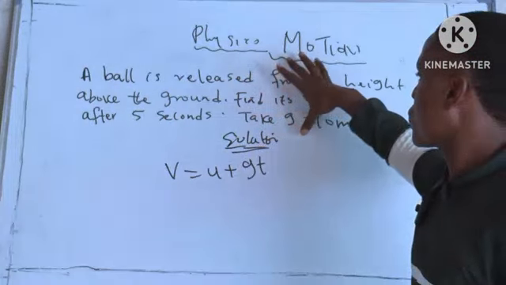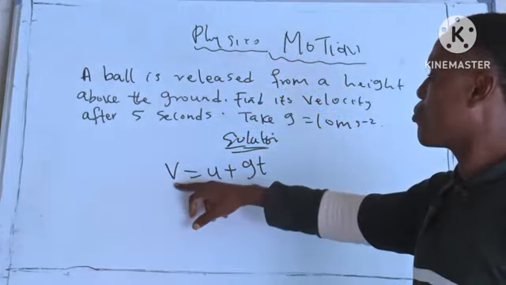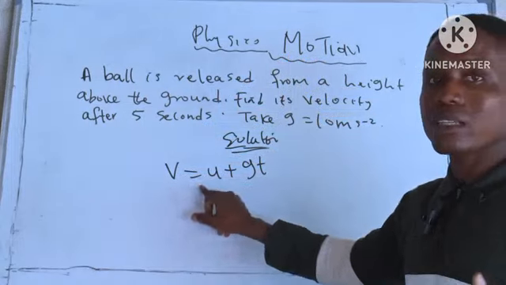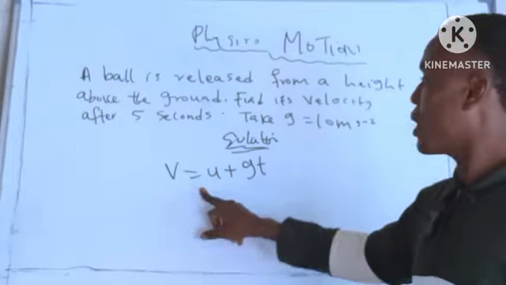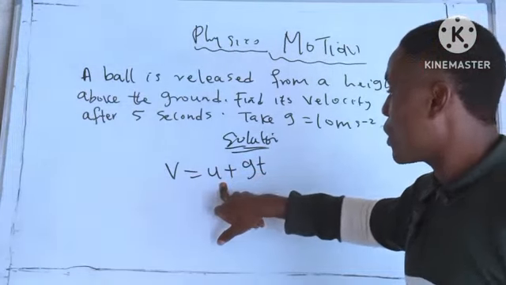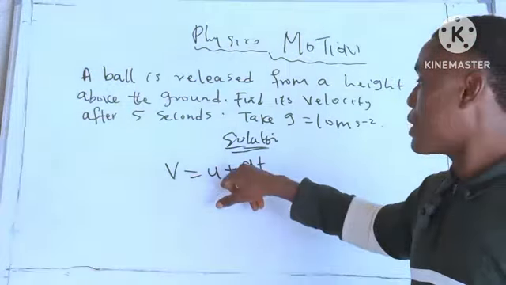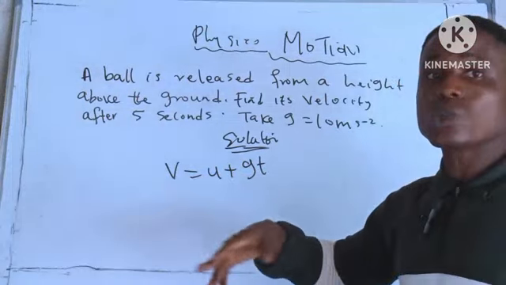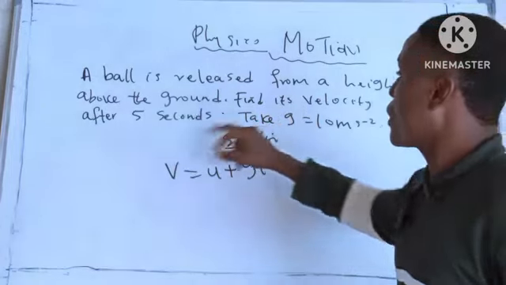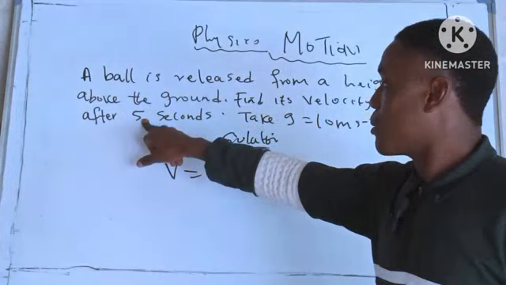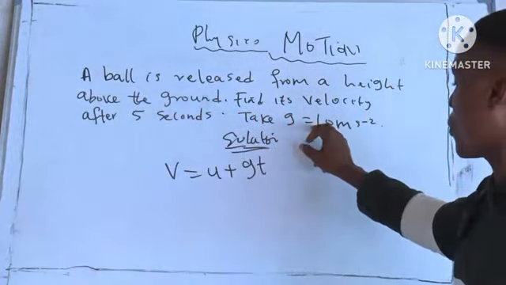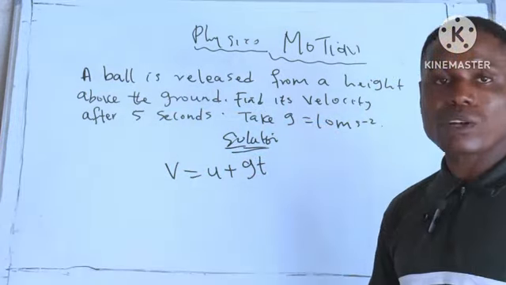If you take note, the values of both the final velocity and the initial velocity are not given. Only the values of time and g are given.